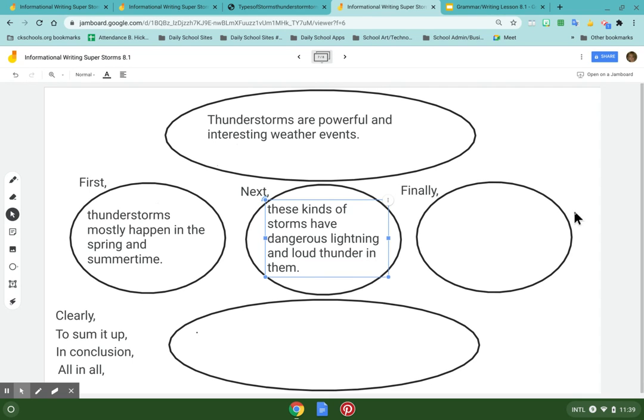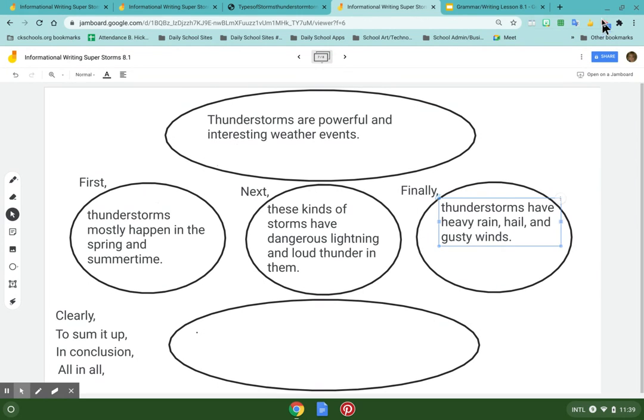Okay? Then I go to my next fact. Well, it has heavy rain, remember? So finally, thunderstorms have heavy rain, hail, and gusty winds.